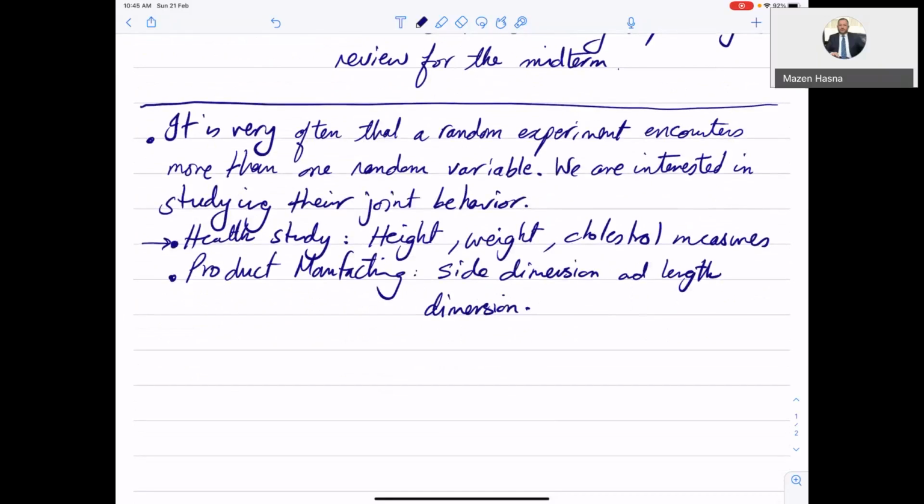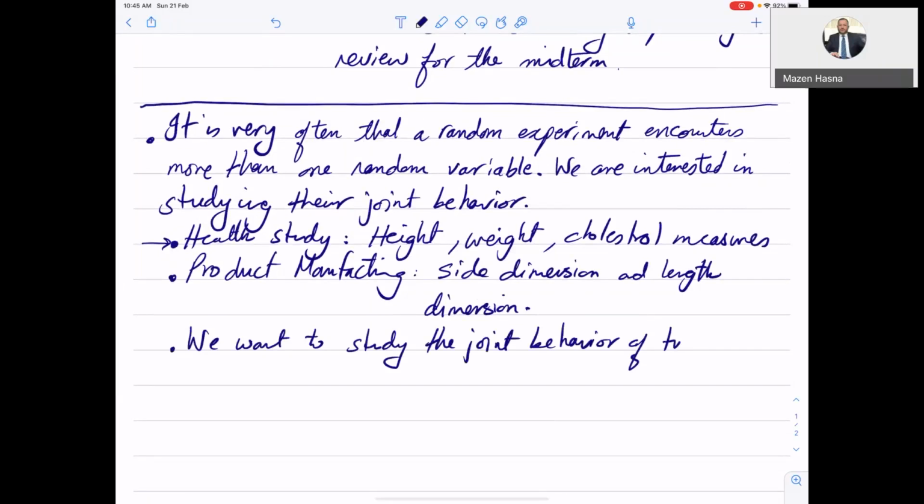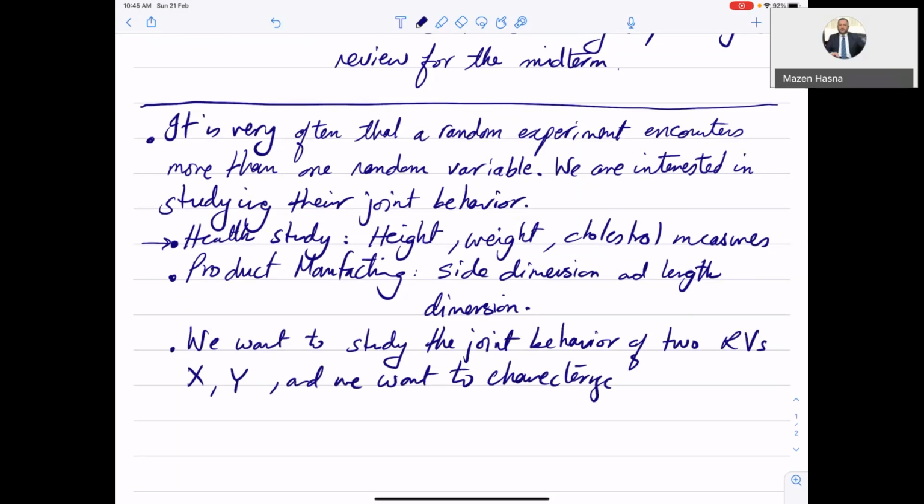So we want to study the joint behavior, to start with, of two random variables, say X and Y, and we want to characterize their joint behavior, their interaction.